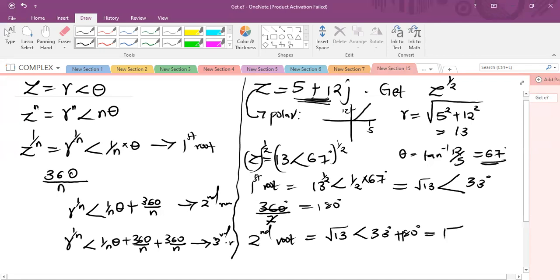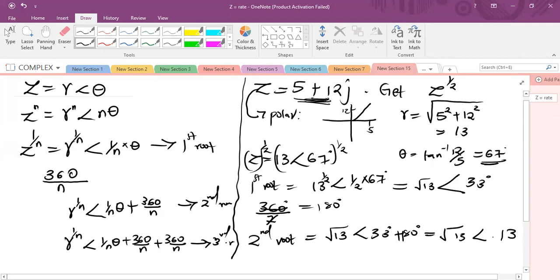And this will give root 13, 180 plus 33 degrees. You can get your answer of 180 plus 33 degrees. That will be about 213.